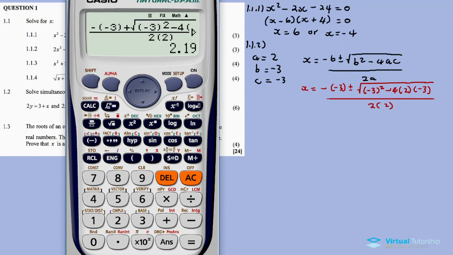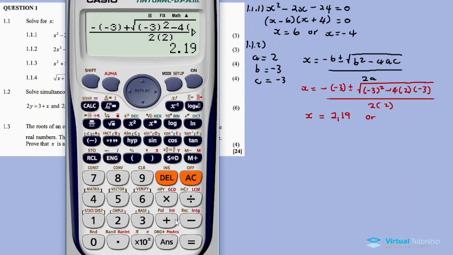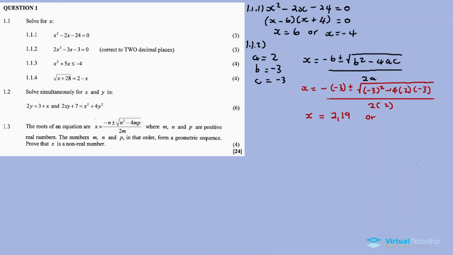For the other x, you change to minus, since it's plus or minus. This time it is negative 0.69, so our answer is negative 0.69.